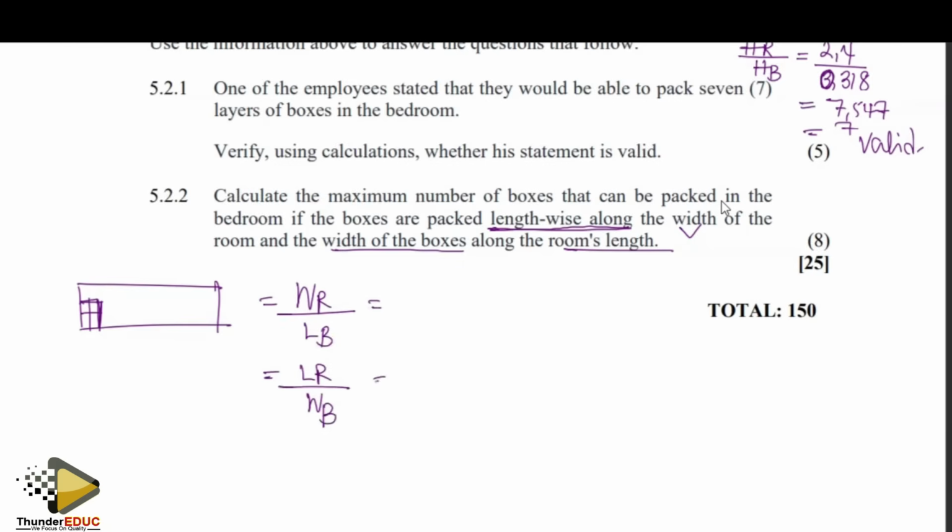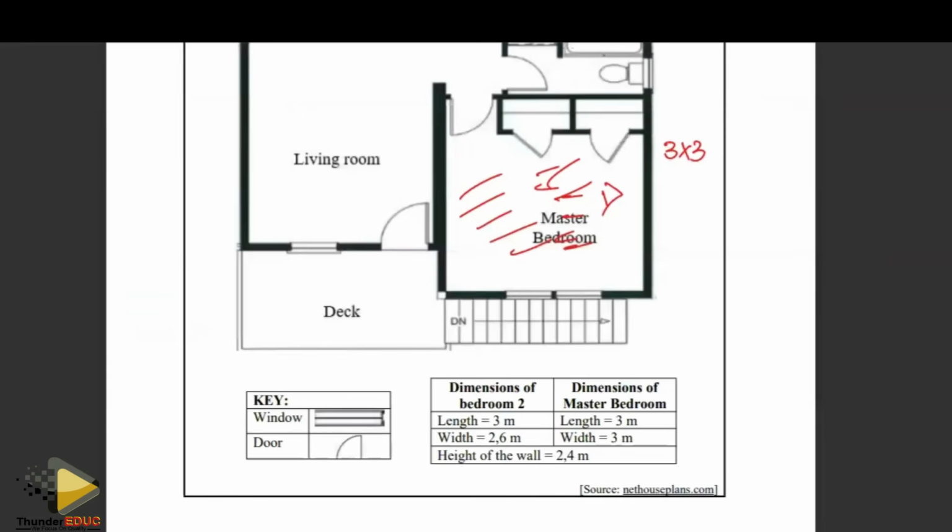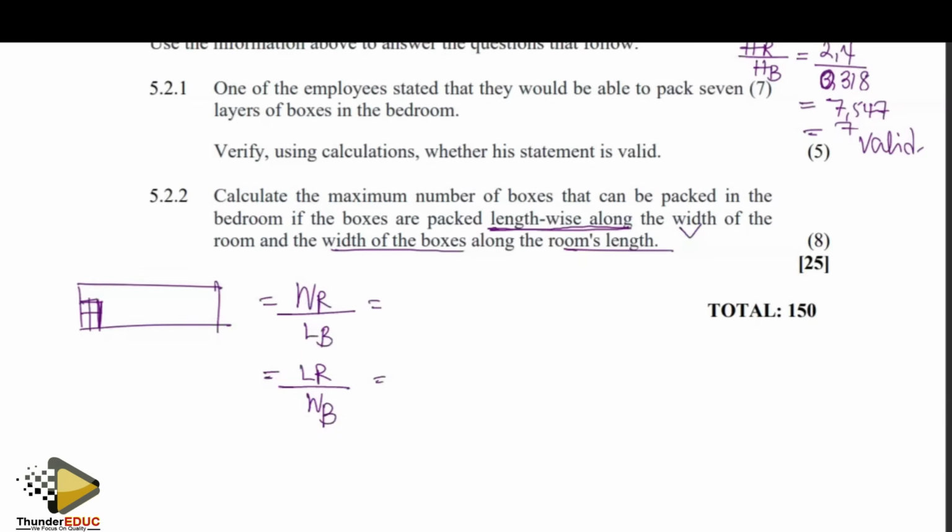So here we need to analyze and understand what we are dealing with. What's the width of the room? The width of the room is 2.6. The length is 3. But 20% has been removed. What do you remain with here?